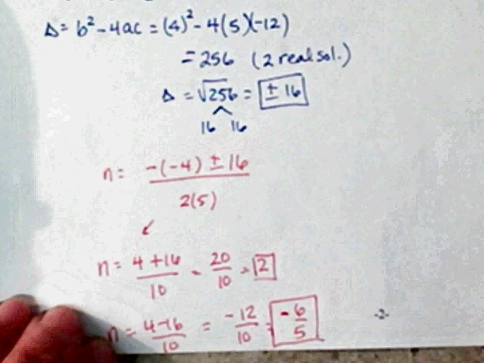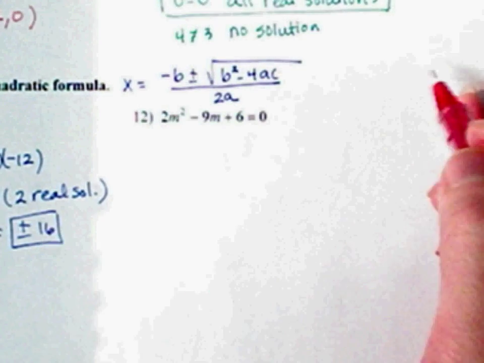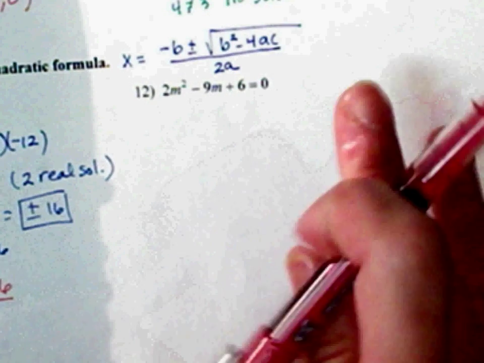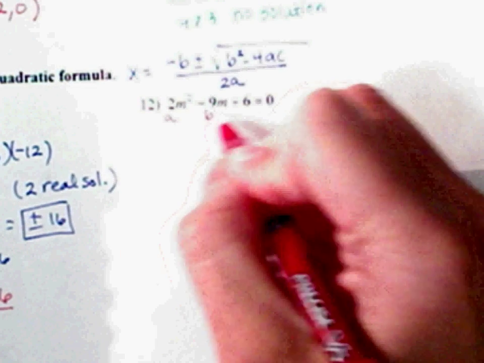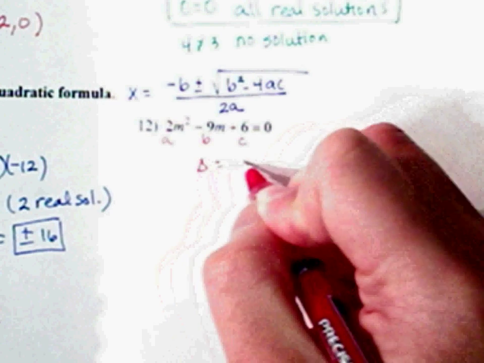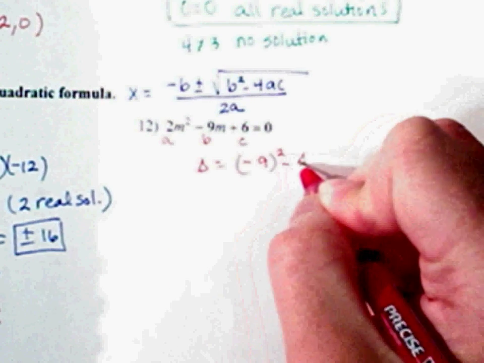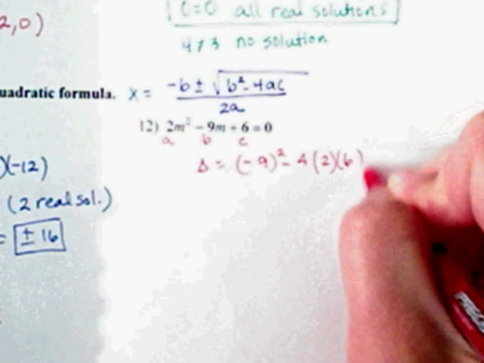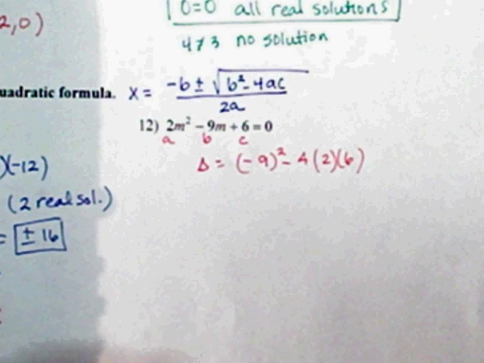Okay. Number 12. All of it in order already. Here's your A, here's your B, here's your C. Okay? Take care of your delta first. Negative 9 squared minus 4 times 2 times 6. This is the reason you want to put parentheses around that.